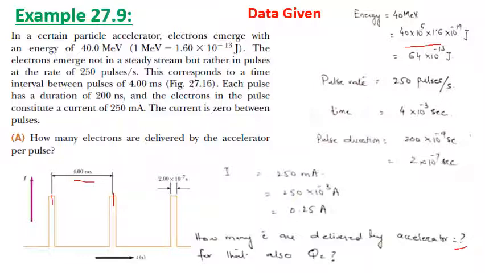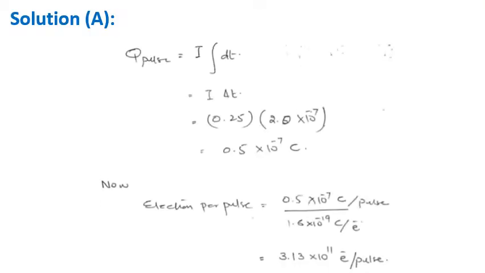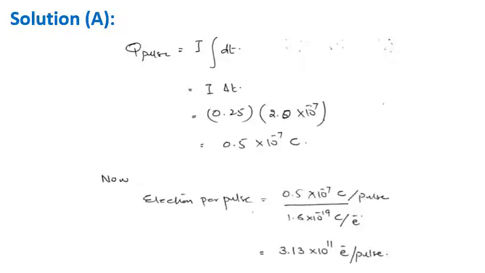For that we have to find Q as well. For part A, we proceed as Q is equal to the integral of I dt, which will give me this time, and this is the time of the pulse. I have the value of I, and I have this time as well. So Q will be 0.5 into 10 to the power minus 7 coulombs.